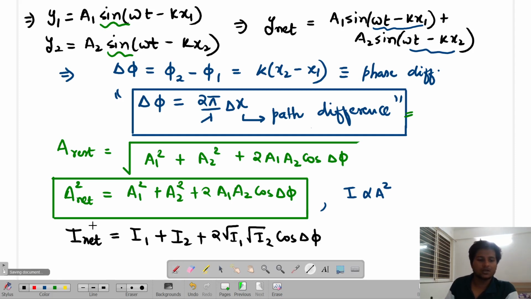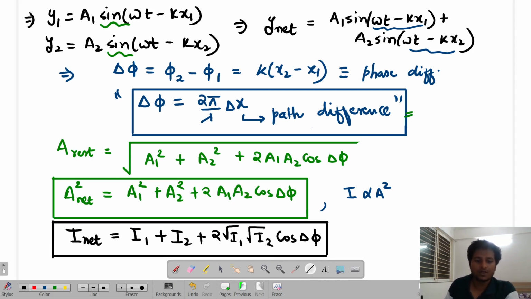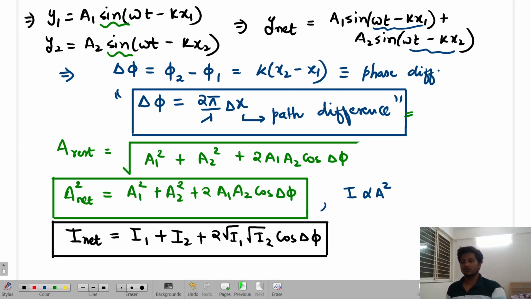And this is the equation of intensity which the particle receives after two waves superimpose on it. Is that clear or not? Are you able to get me?